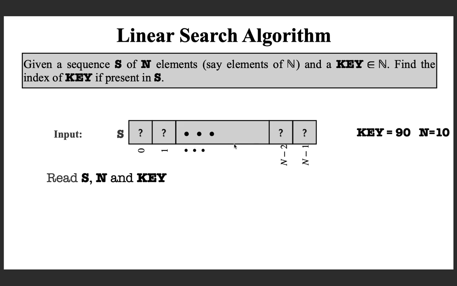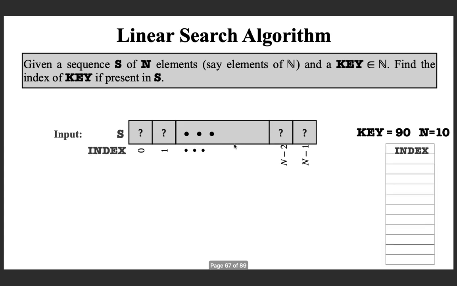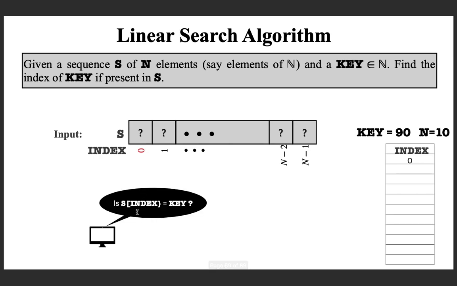So, how will you solve this problem? What you can do is use an index which goes from 0 to n minus 1. You initialize it to 0, the first index. Then you see what element is present at 0. You have to see whether the element present at 0 is the same as the required value.